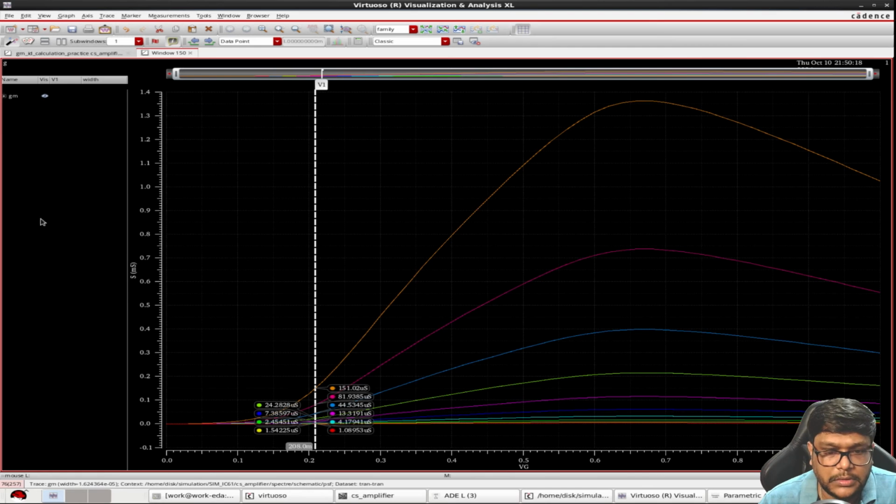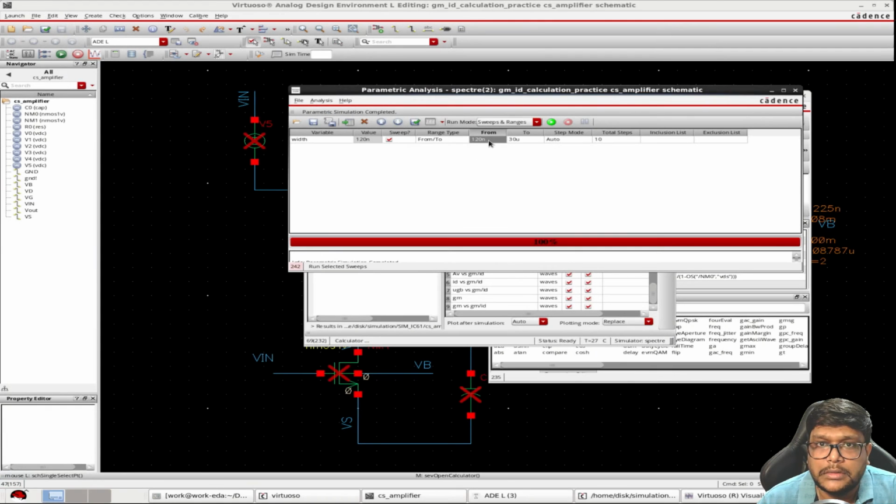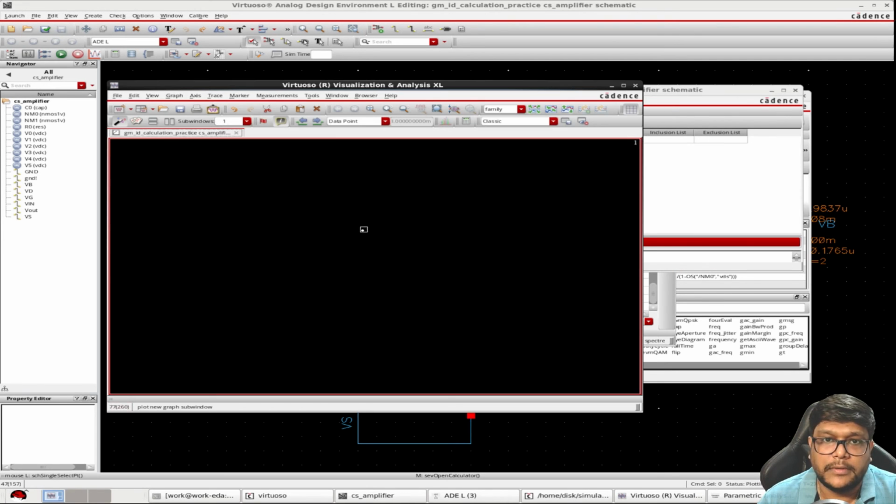Okay, for this one. So let me check for which one I'm getting 81. Okay, so I'm getting 81 at 16 micron. So from somewhere 10 to 16, 10 to 15 I will get. Okay, so let me find that one. 10 U to 15 U, exactly, GM 63 to 65.